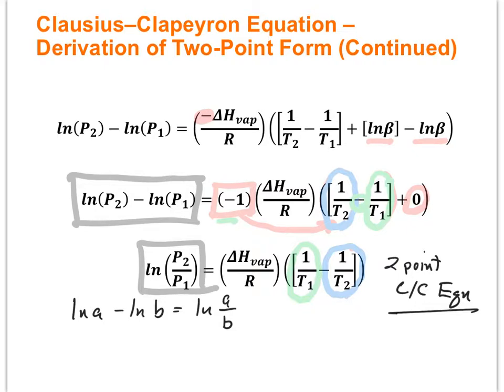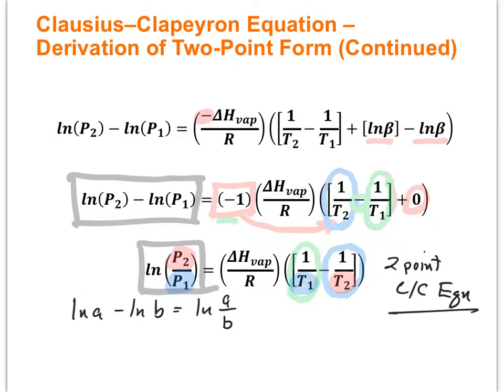Now, if you struggle remembering the relationship, one thing that sometimes helps is to notice that pressure 2 is first and temperature 2 is last. Pressure 1 is second in the denominator.